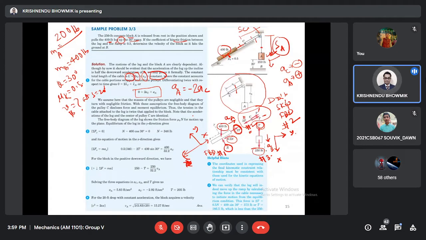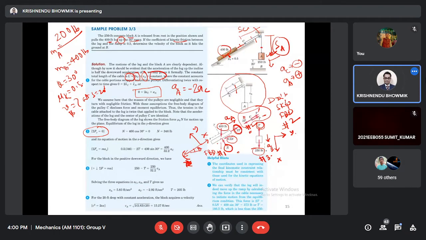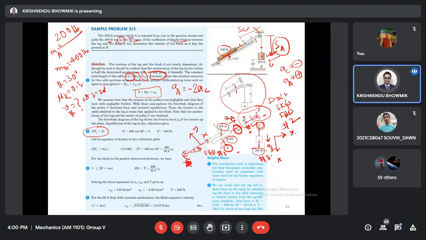Now, if I want to draw the free body diagram for FBD1, Fy equal to 0, because in the y direction there will be no acceleration. So N minus, okay, maybe we can do this exercise. Basically, if this is theta, then this also will be theta, this also will be theta.